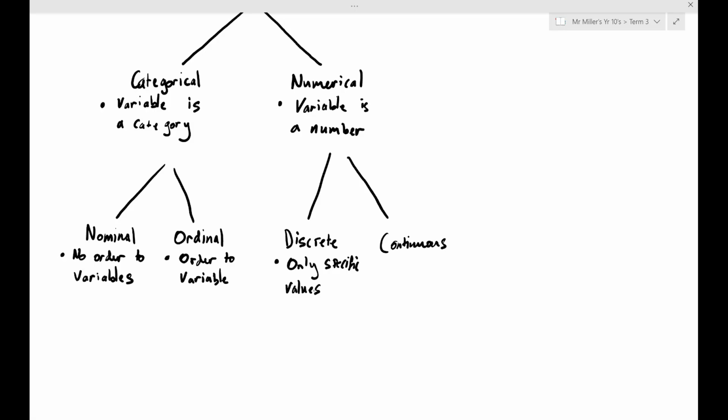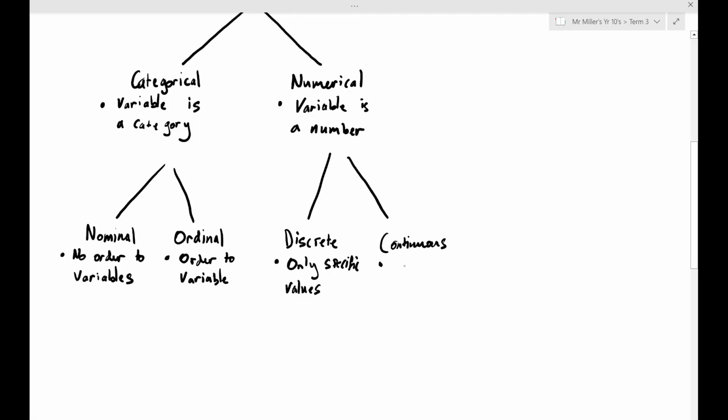An example of this, if I asked you, how many brothers and sisters do you have at home? You might say 1, 2, 3, 4. You couldn't say I have 1.5 brothers and sisters at home, or 1.75. So there's only specific values you can respond with when we're talking about discrete numerical variables, right? So if there's only specific values that are possible, it's discrete data.